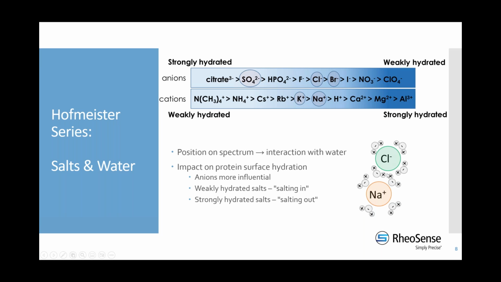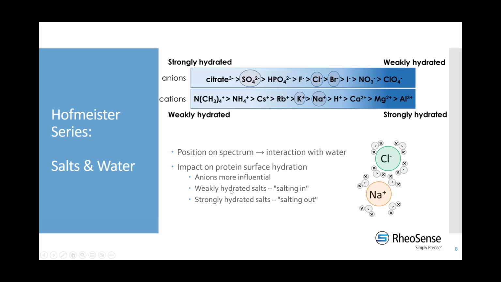Weakly hydrating just means that these ions, when dissociated, are not going to have a very tight or close layer of water molecules, whereas the strongly hydrated ones will have a larger shell of water molecules. The importance of that is that the influence of these salts is thought to impact the surface hydration of the protein, and this is really what drives the behavior in the presence of the salts.